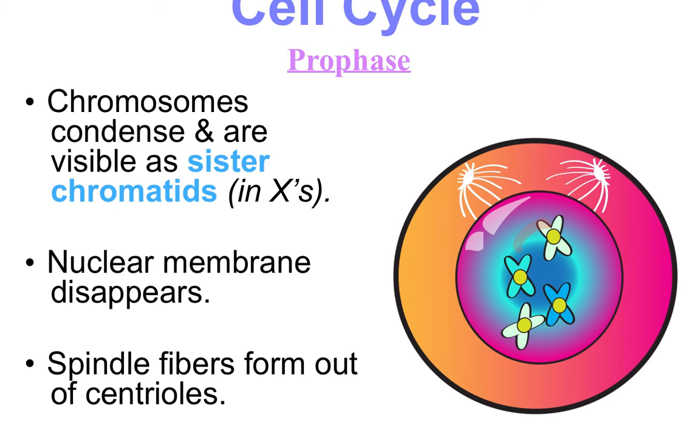So we no longer have a nuclear membrane around where the DNA is. It just goes away. And then these spindle fibers come out, and here come the centrioles. Like I said before, they looked kind of like a sun. So here come the centrioles with attached spindle fibers, and these spindle fibers are going to grab onto, what do you think? Yes, this little center part, the centromere.